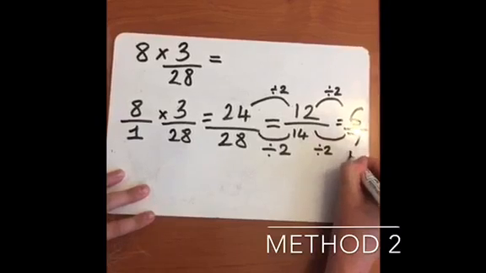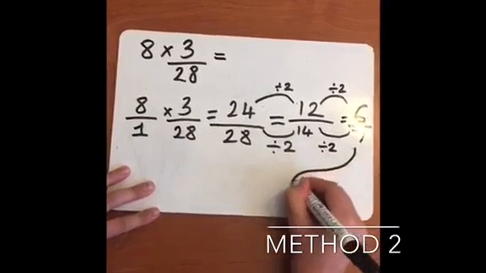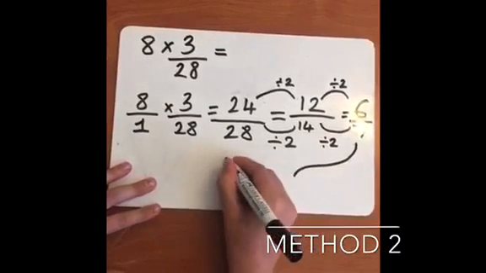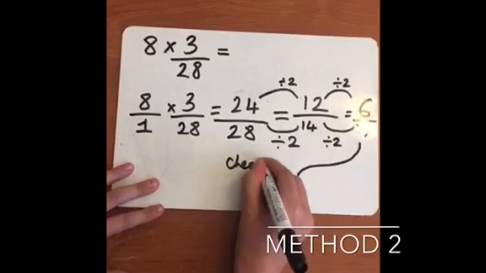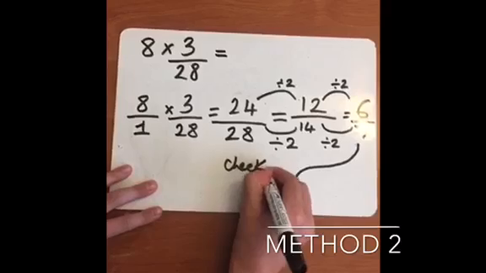Now we have come across an odd number, so we can no longer divide by 2. So we're going to find the factors of both 6 and 7 and see if there is a common one.